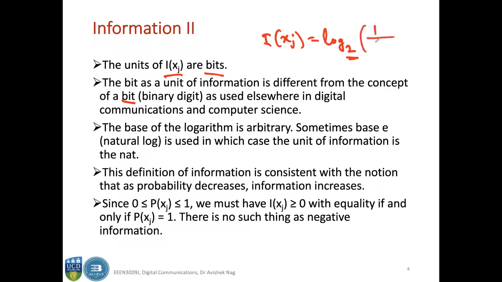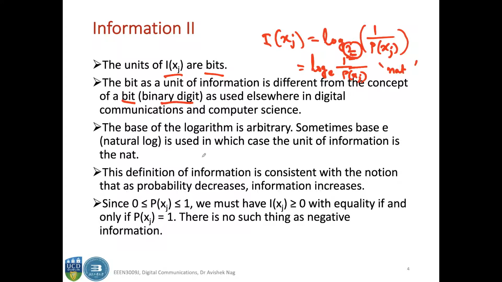That's why the information unit is bit. If you define your information in terms of, let's say, the logarithm to the base e or natural logarithm, then the unit of information will be nat. Since the base is 2, the unit is bit, and this is different from the binary digit that we use elsewhere in digital communications and computer science.